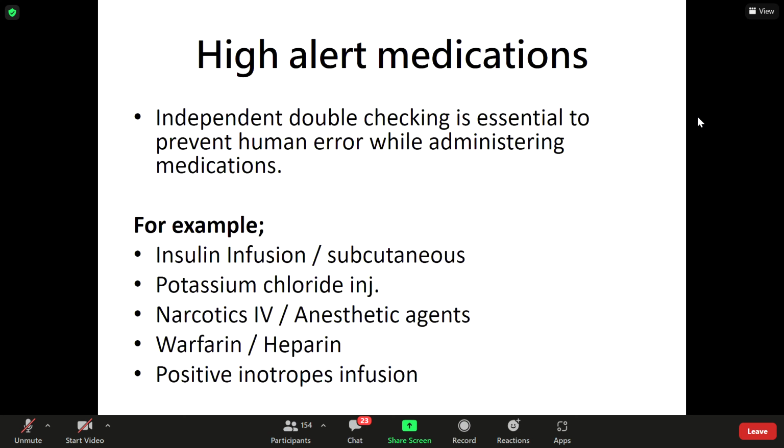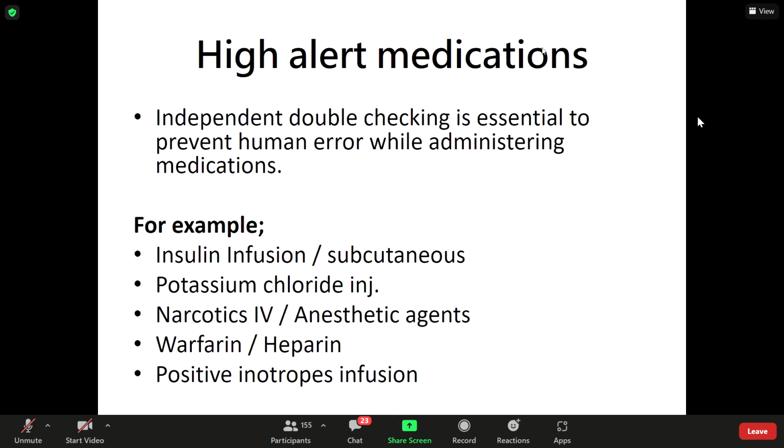For high-alert medications, independent double checking is essential to prevent human error while administering medications. My question to you: what do we mean by independent double checking? Let's say you will have to give a patient a heparin infusion.